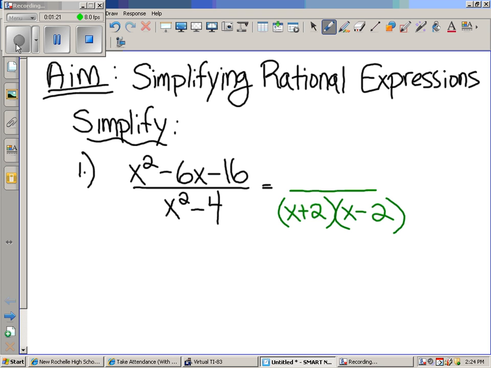Now the top. We need to think of how to factor that. Does anybody know? Is anybody real good at this? Ashanti. 3 and 8.